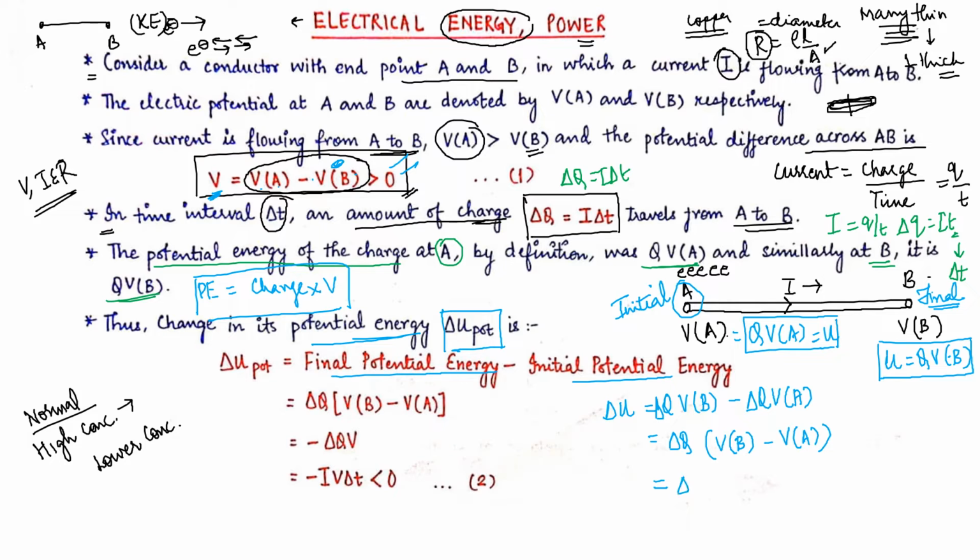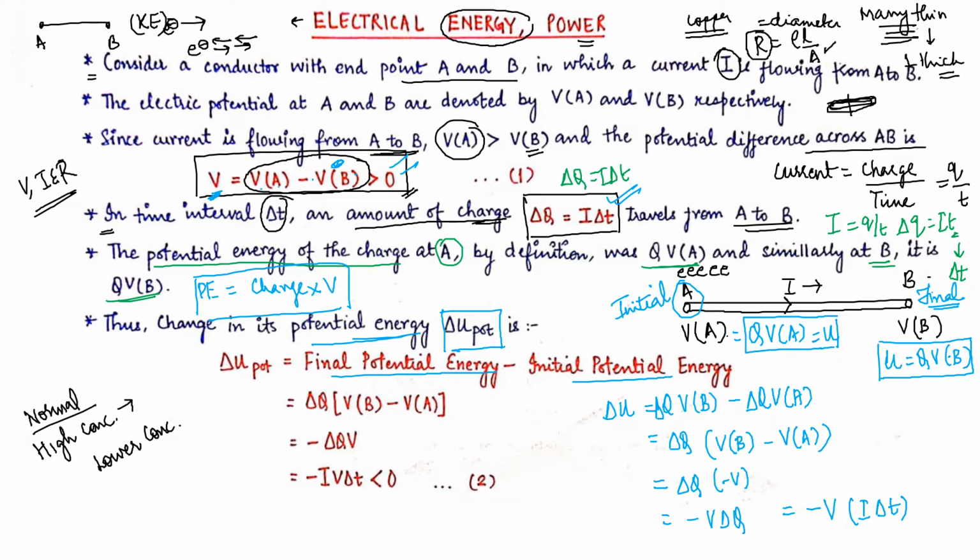So this will give us del Q into minus V, and we will get minus V into del Q. From this equation, we know that del Q is I into del T, that is, current into the time taken. So this equation will become minus V into I into del T.